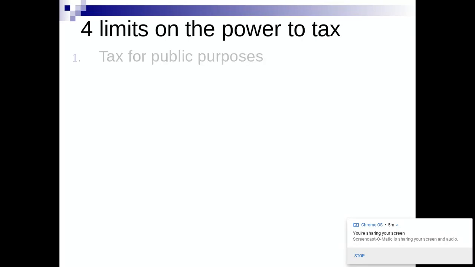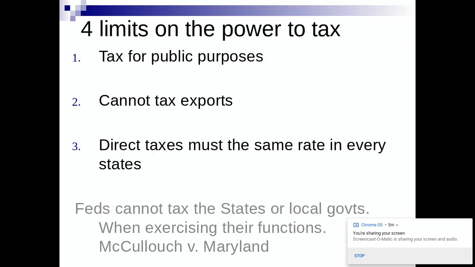All right, so anyway, there are 4 limits to the power to tax. So taxing for public purposes. That's one of the arguments for what you can be taxed for. So roads, public buildings, etc. That's what taxes can be used for. You cannot tax exported goods. So a business here in the United States that wants to export to another country, you can't tax that. That's going to hurt American business.